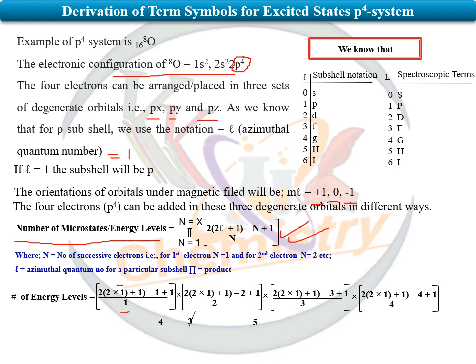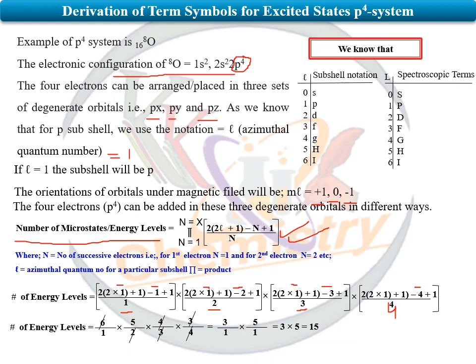For the first electron it is 1, for the second electron -1, again for the second electron it is 2, for the third electron -3, and for the fourth electron it is 4.